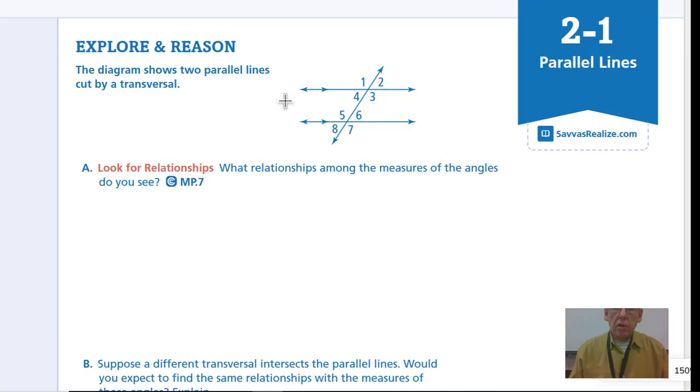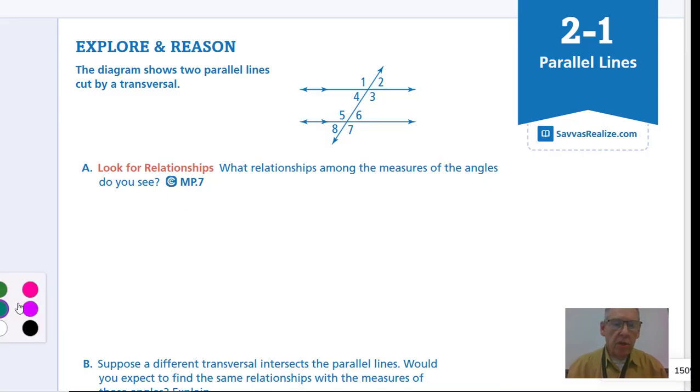So let's look at number 1 here. We've got 2 parallel lines cut by a transversal. So what relationship among the angles do you see is the question. If we have parallel lines cut by a transversal, certain pairs of special angles have relationships.